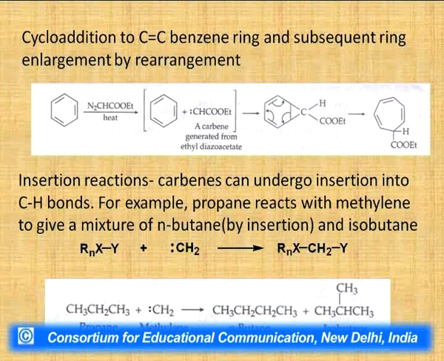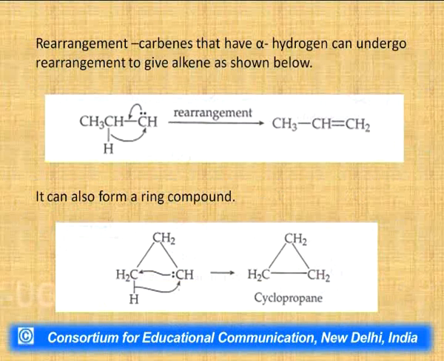For example, propane reacts with methylene to give a mixture of n-butane and isobutane. Hence, the carbon chain is increased by 1 carbon, meaning there is an insertion of a carbene group.